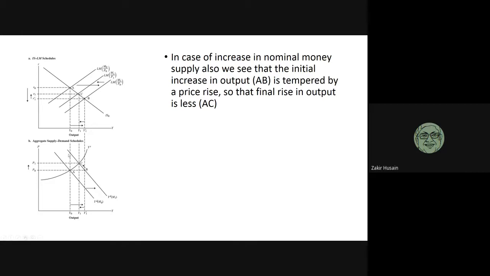But if you have an upward sloping supply curve, you have an excess demand which puts pressure on prices, so that demand also falls from B to C. So net there's an increase from A to C, but the increase is less than in the ISLM case.